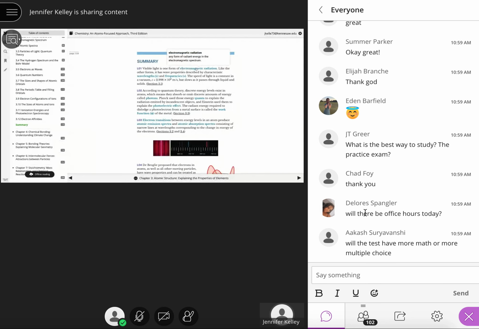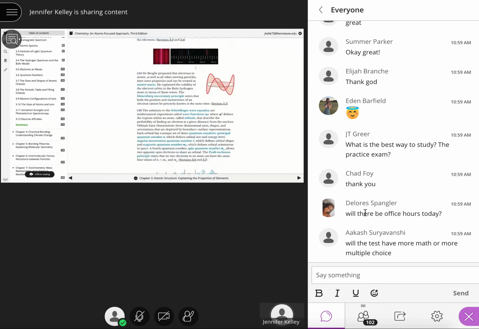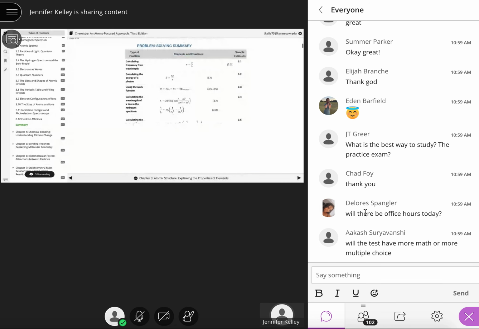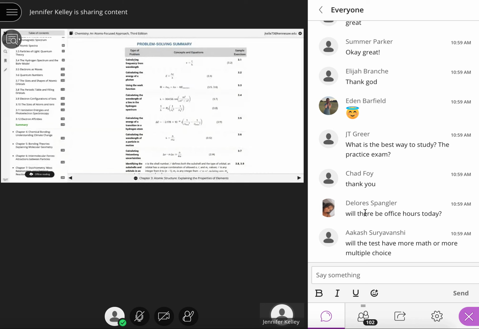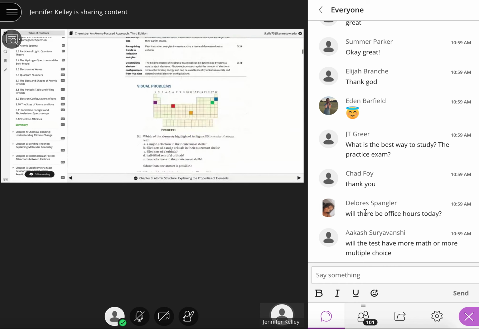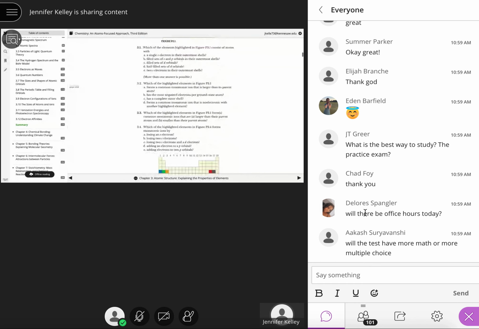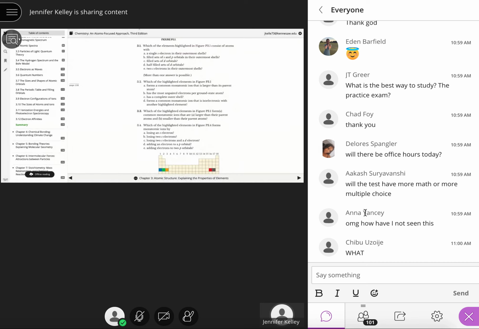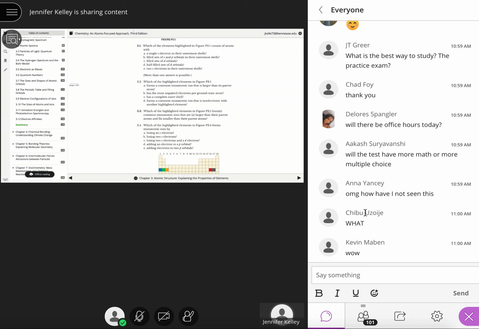If you click on summary, it's going to explain the concepts first, and then it's going to give you all of the formulas, and it tells you on the left the type of problem those formulas are used for. And then below that, it gives you practice problems. So the more you practice, the better you become with these. The answers, I believe, to the odd questions are in the textbook.